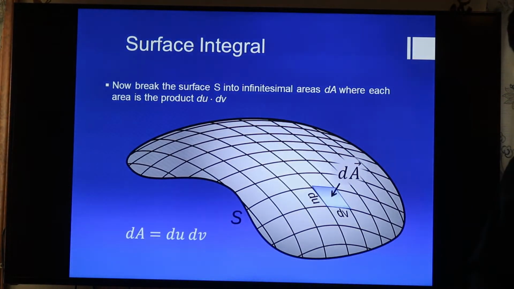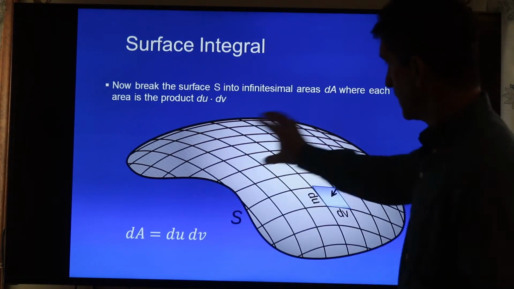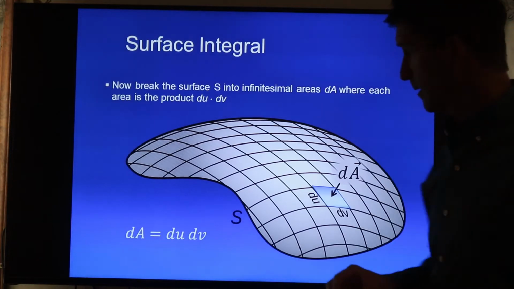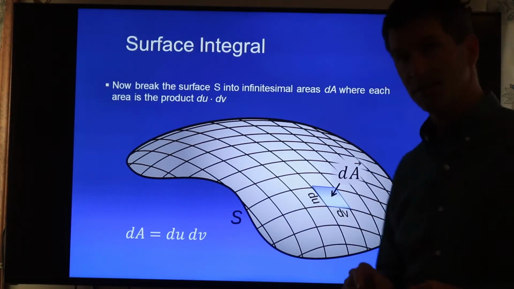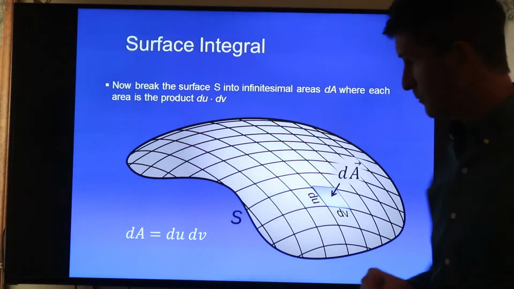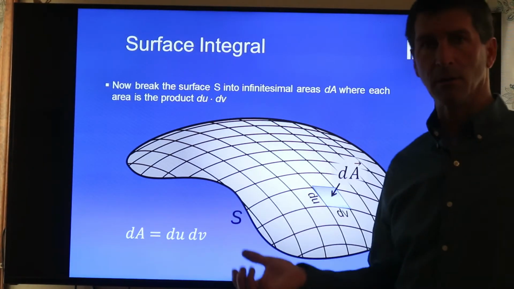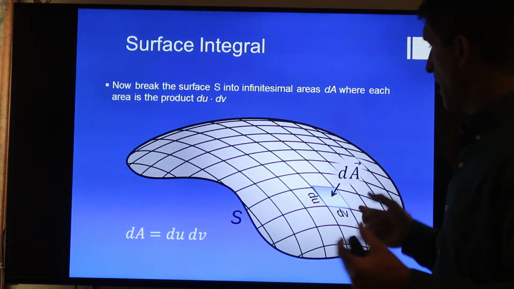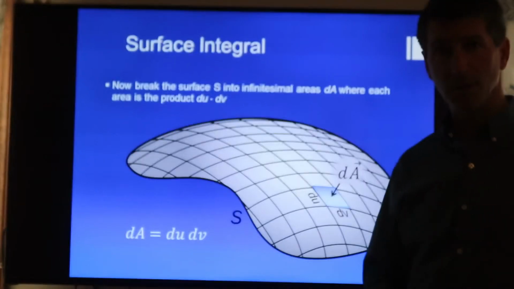Okay, now let's take that surface. We're going to break it into a lot of different squares. If we're actually doing the integral here, we have to make these squares infinitesimally small, which means the width, which we might call dv, and the length, du, their size approaches 0.